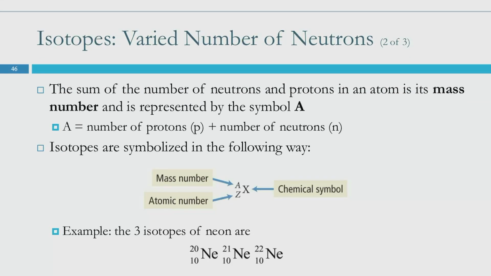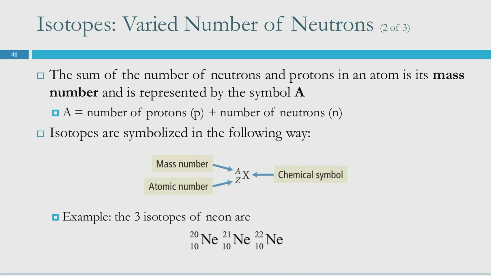Now that we have neutrons on the board, we can also talk about A. So A stands for, well, we call it atom number, or mass number, sorry. Mass number is represented by the symbol A. It's the number of protons plus the number of neutrons, just the number of massive particles, the big ones in the nucleus, not including our electrons.